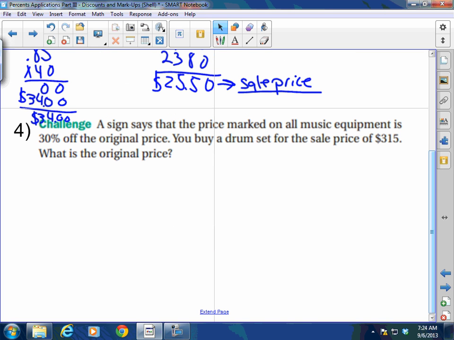Okay, a sign says the price marked on all music equipment is 30% off the original price. You buy a drum set for the sale price of $315. What is the original price? Okay, do it. Go ahead and hit pause. Do it. I'll be right back.